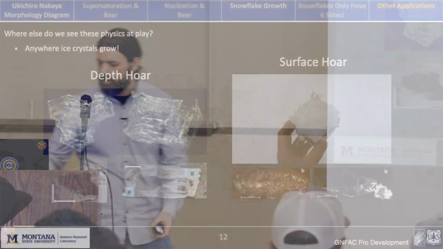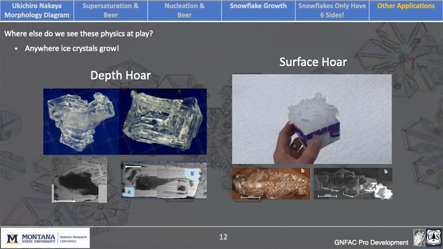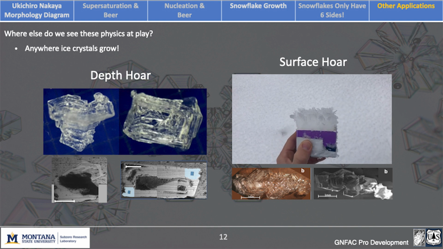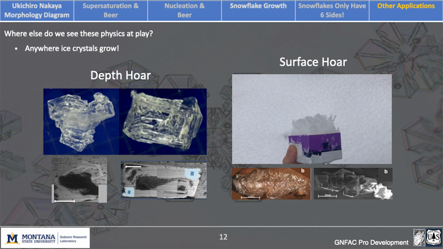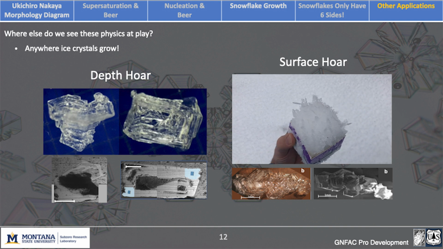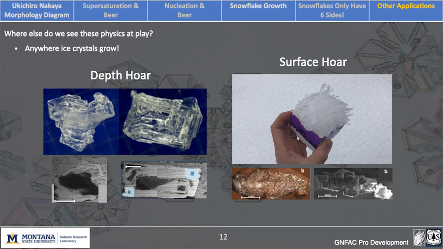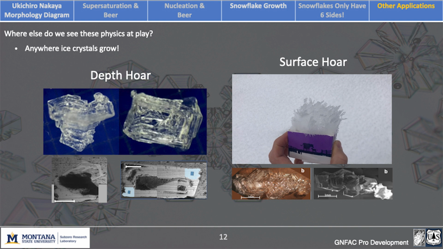And then surface hoar is another one where on those cold, clear nights, you're getting radiational cooling from the surface of the snow. That cooling right at the surface is creating a supersaturated layer of water vapor because of the drop in temperature. And then you get deposition onto the surface of the snow via the same sort of process.